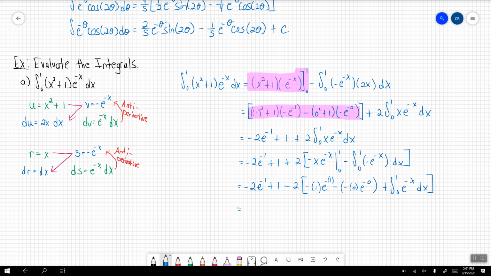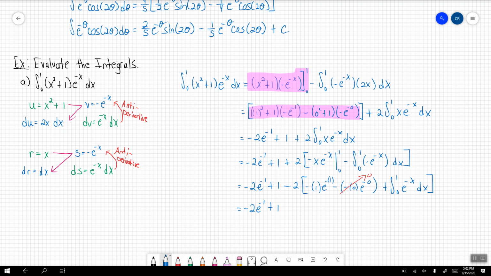Looking pretty good. I'm rewriting here, so notice this second term, since it's being multiplied by 0, is automatically going to just cancel out, which means my first term here, negative times a negative, is going to be a positive.